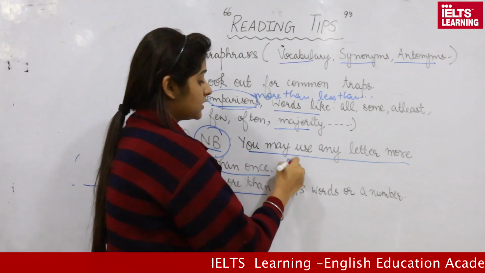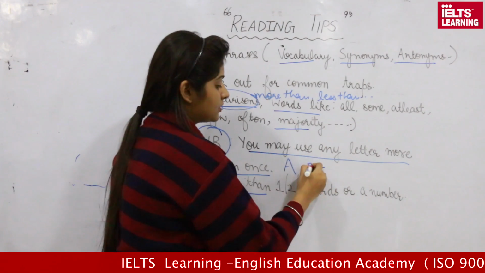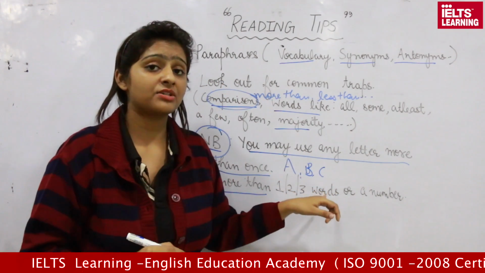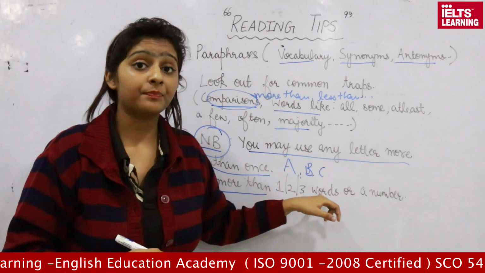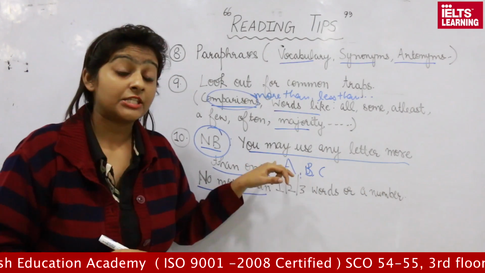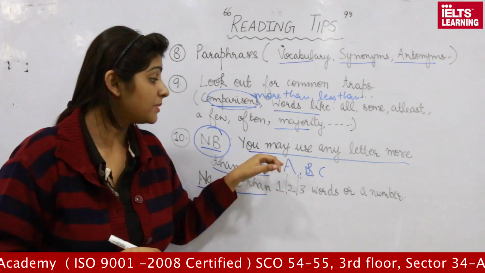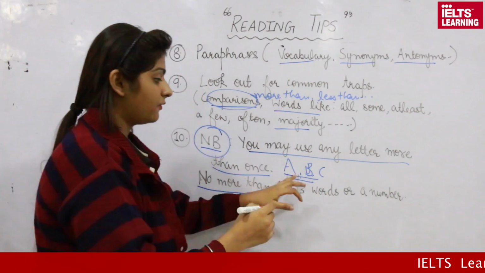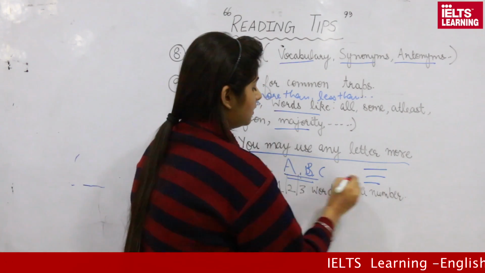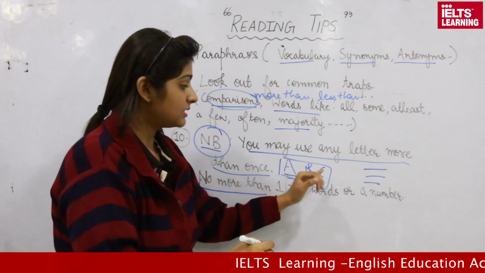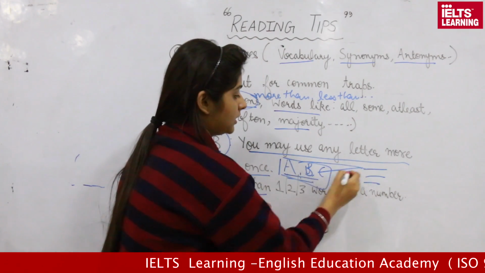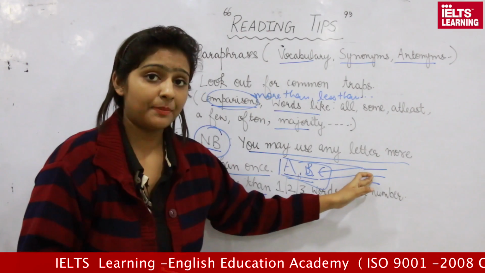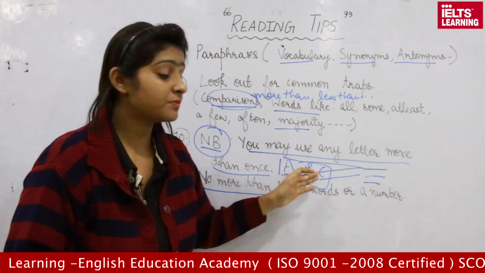For example, in a matching information question, there's information written over here and the options are A, B, C, and you have to match this information: is it from paragraph A, paragraph B, or paragraph C?